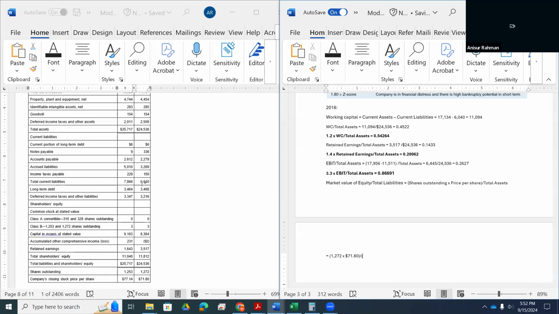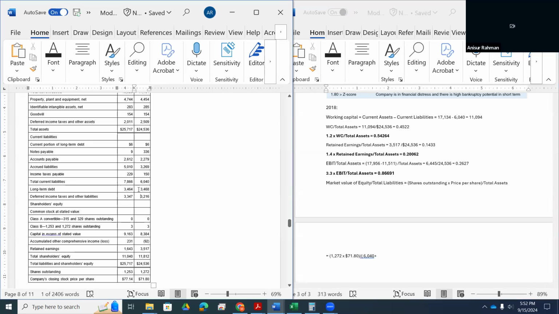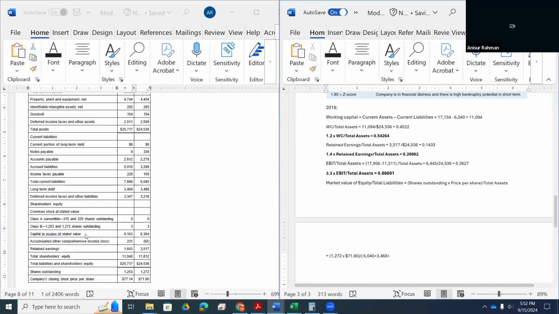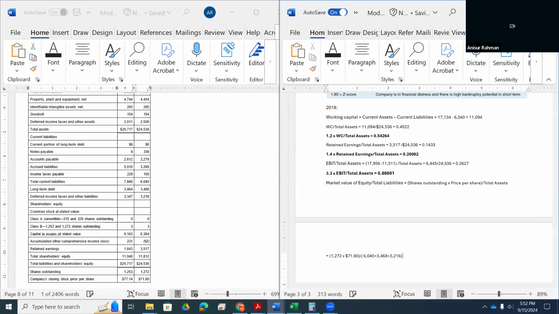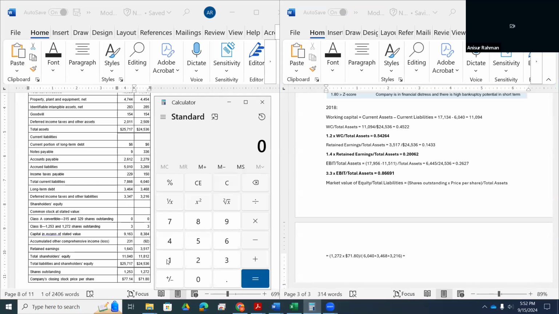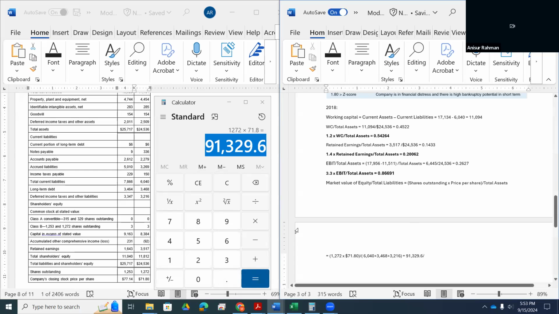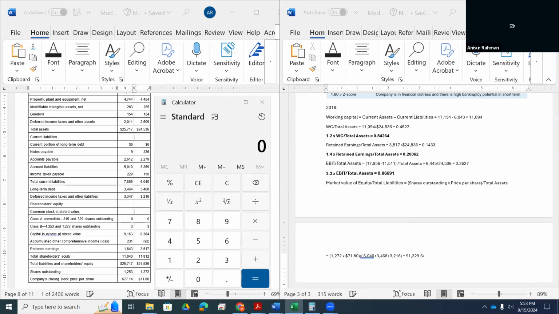We can take the total current liabilities, 6,040, plus our long-term debt, plus our deferred income taxes. So this will be $12,724.